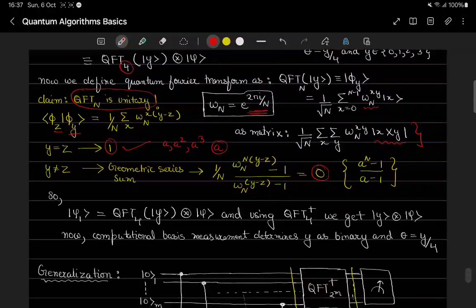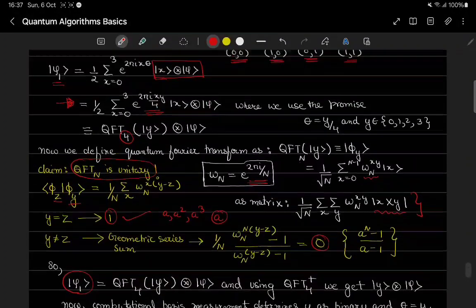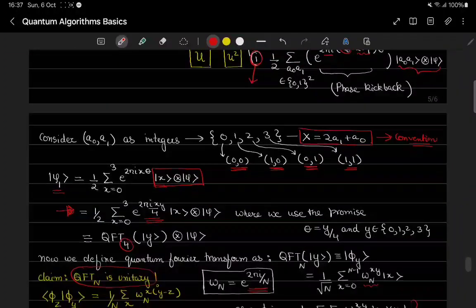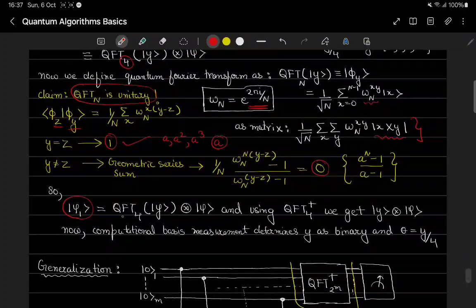So now the output of psi 1, the output of circuit 1, let's come back here. It can be written as quantum Fourier transform on 4 dimensions acting on y tensor psi, and using QFT4 inverse, which is the dagger because it is unitary, we get the final state as y tensor psi.